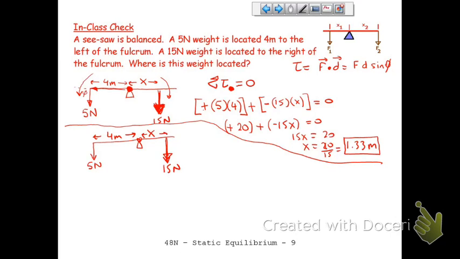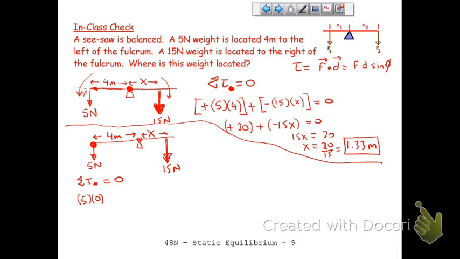Let's make my turning axis here. Sum of the torques about this turning axis equals 0. Well, take your first force, your 5. There's no distance. We'd have 5 times 0.